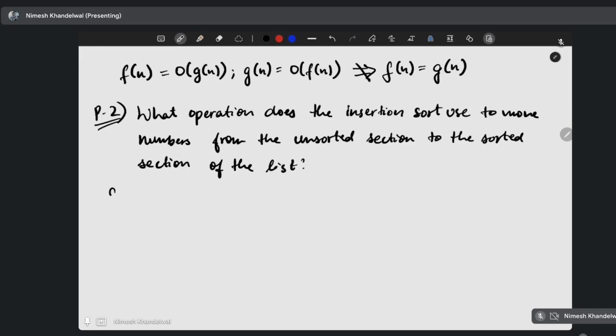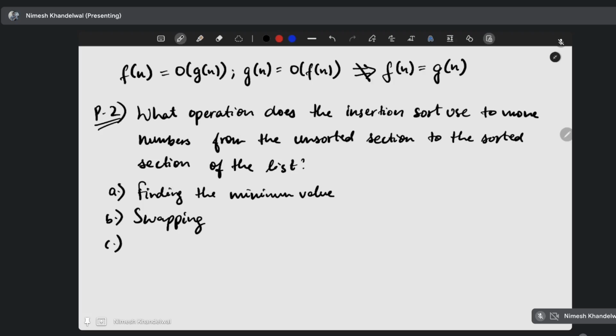And the options are: A, finding the minimum value; B, swapping; C, finding a pivot value; and D, none of the above.